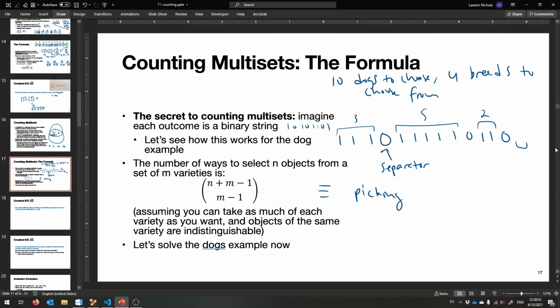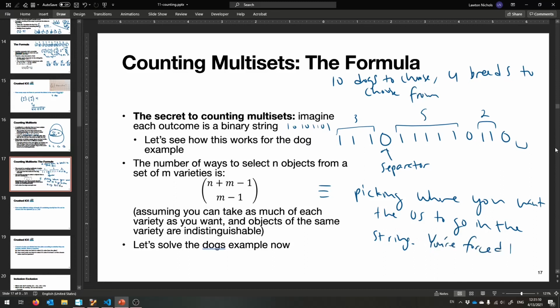You've got to pick 10 things. You're forced to have n ones.